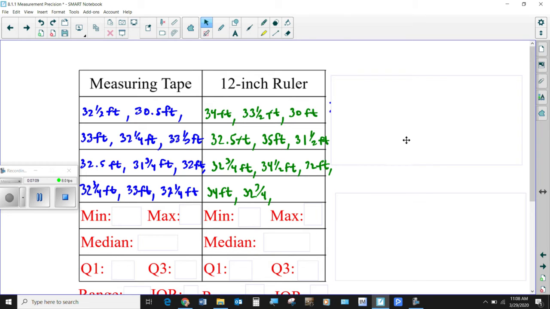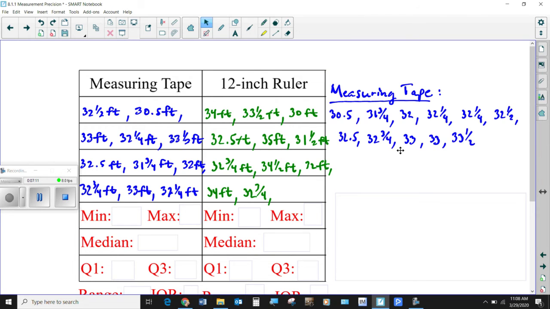Let's put this data in order from least to greatest. The measuring tape looks like the shortest room measurement was 30.5 feet, and the longest room measurement was 33.5 feet. Does it look, from putting this data in order, that we have any outliers? I would say no. It looks like they're all pretty close to each other.